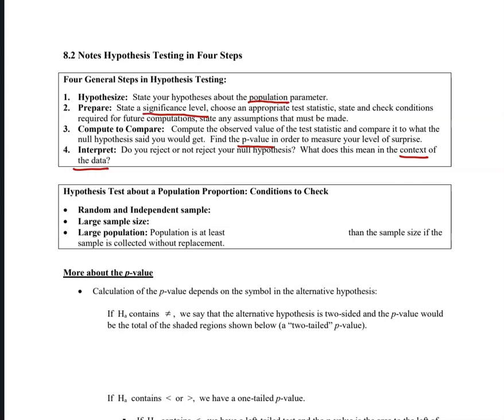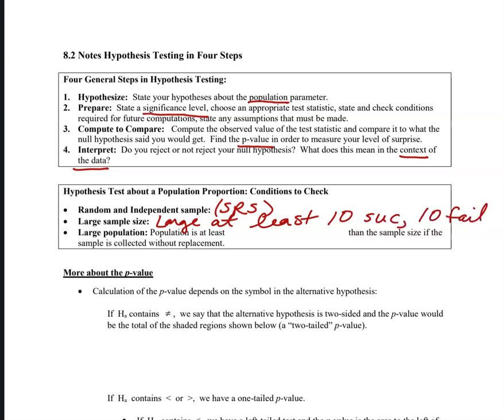So what are the conditions you need to check? The central limit theorem, of course, still has to apply. So you need to make sure that you are using a random and independent sample, which they usually will tell you if it's a random sample, and an SRS would take care of that. A large sample: how large does it need to be? Large enough for at least 10 successes and 10 failures.